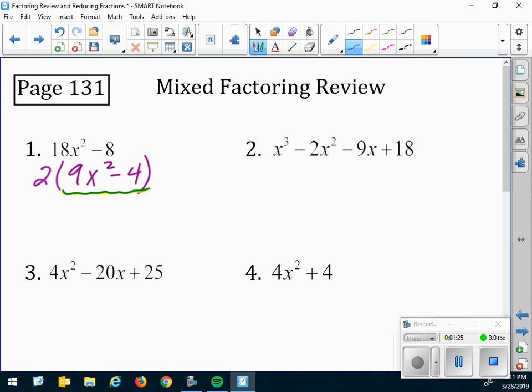Will that factor? Yes. That's a difference of 2 squares. How does that factor? What's the square root of this? 3x.